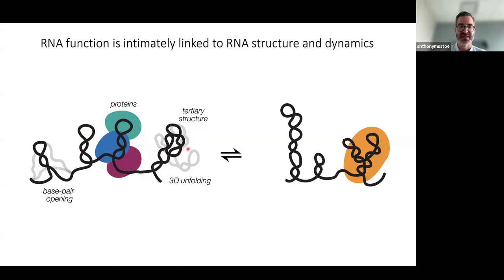But then also within a given structure, there are going to be smaller fluctuations like base pair opening and 3D unfolding. And so if we really want to understand how RNAs work, we need to understand basically this entire landscape of RNA folding and its interactions with cellular partners.